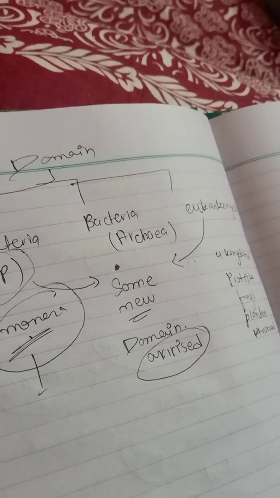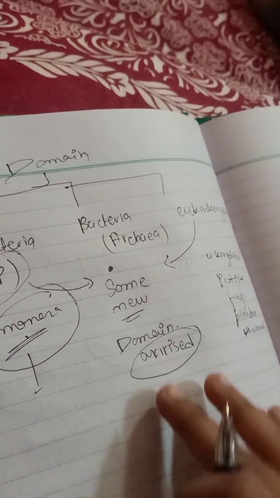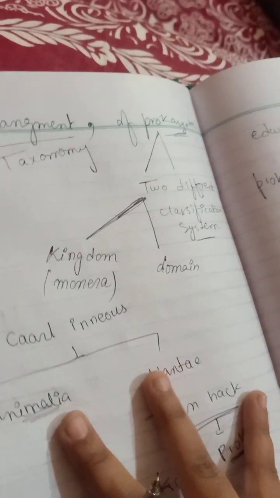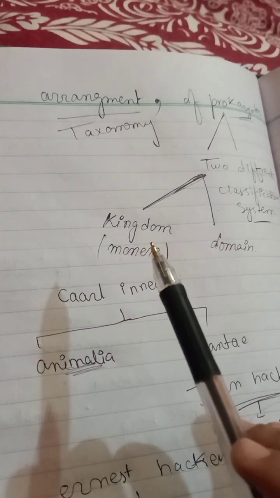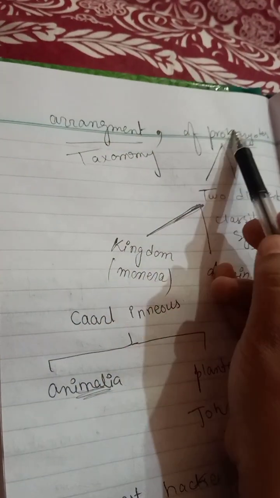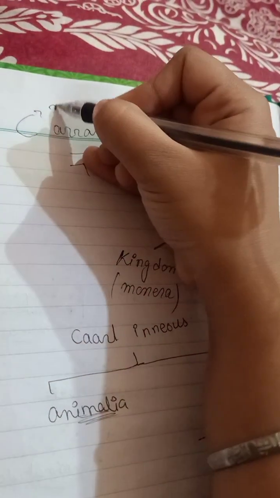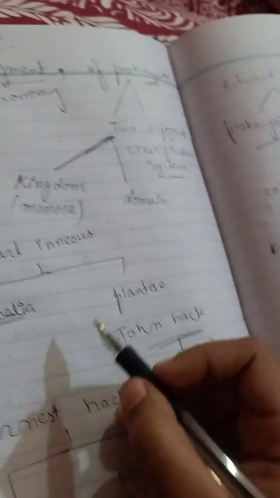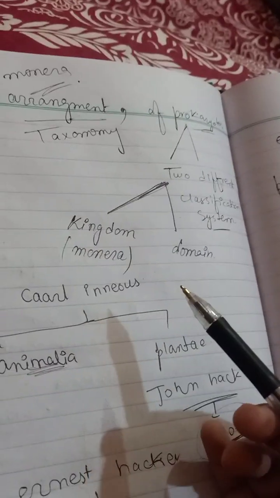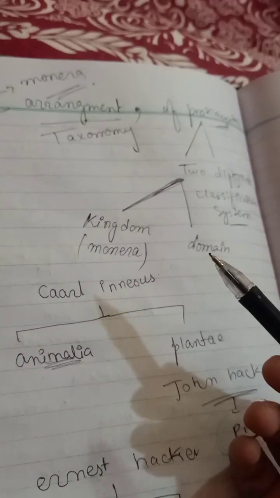They lack membrane bound cell organelles, and they are less complicated than the eukaryotes. So the arrangement of the prokaryotes was in the kingdom Monera.